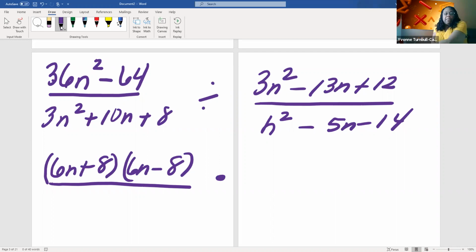All right, now we have 3 trinomials we have to deal with. So we know this is going to factor into 2 binomials. So we know 3 is prime, which is lovely, so it can only be 3 and 1.